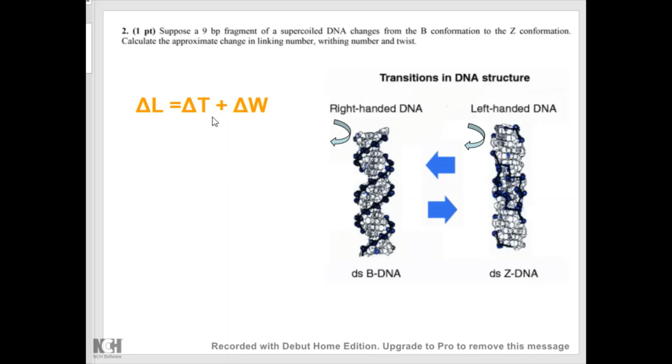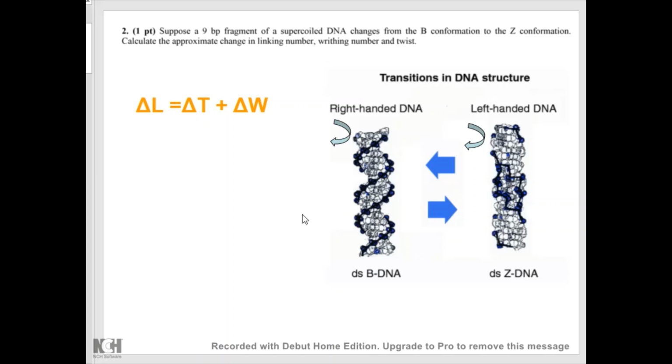So we know that twist is calculated as a number of turns in a double-stranded DNA structure, and the right-handed BDNA has positive twist. Left-handed ZDNA has a negative twist by definition.